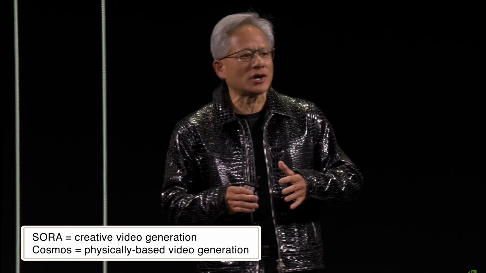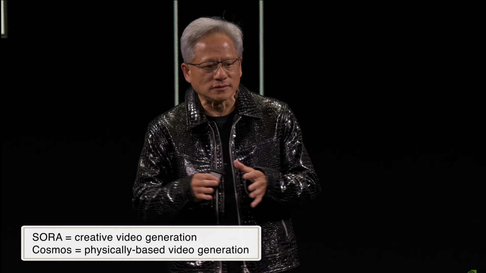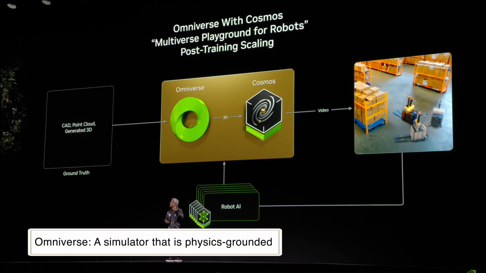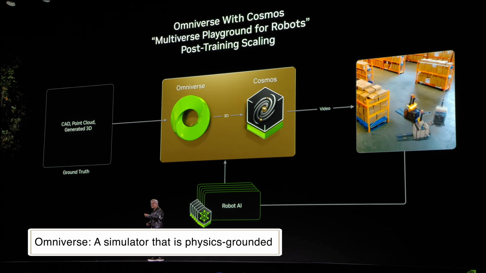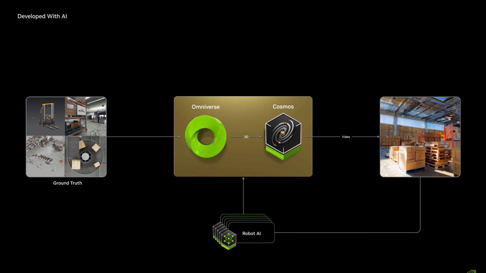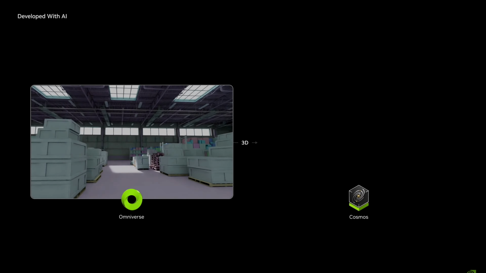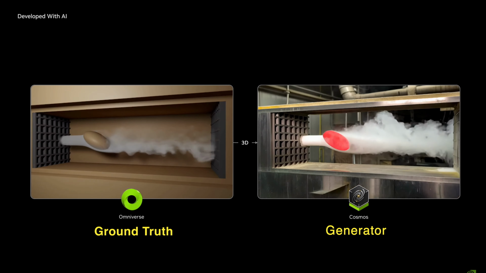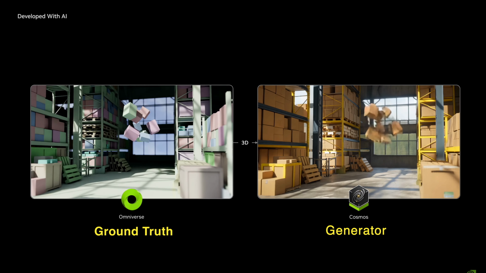It's really about teaching the AI, not about generating creative content, but teaching the AI to understand the physical world. Physics grounded. Not physically grounded, but physics grounded. It's algorithmic physics, principled physics simulation grounded system. When you connect that to Cosmos, it provides the grounding, the ground truth that can control and condition the Cosmos generation. As a result, what comes out of Cosmos is grounded on truth.